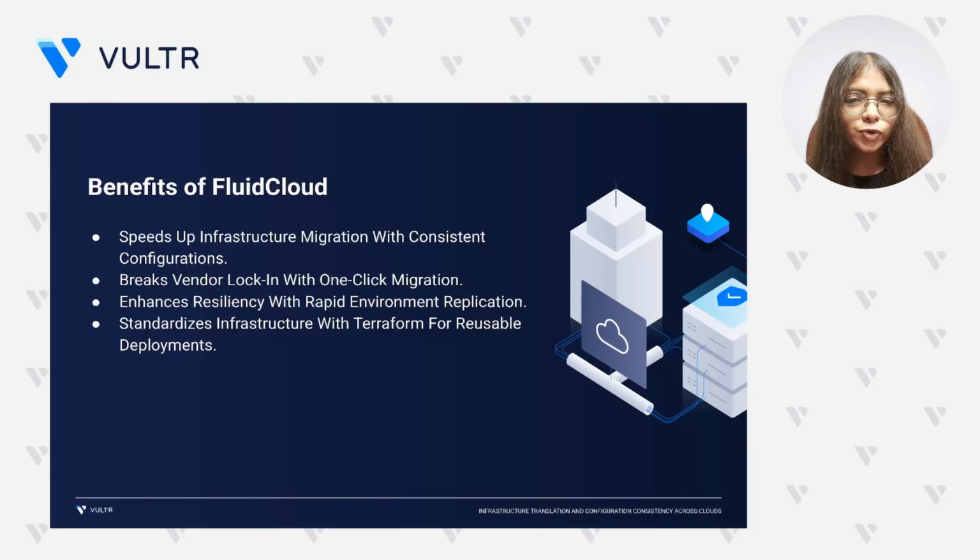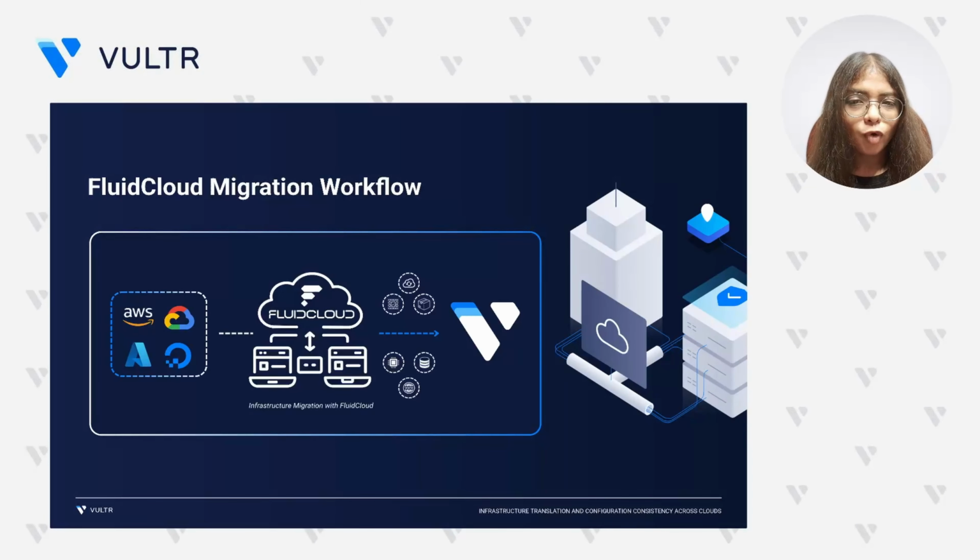The platform also enhances resiliency by recreating complete environments, including networking and security configurations, to support failover and backup use cases. Finally, FluidCloud standardizes infrastructure using Terraform, producing reusable and version controlled templates, ensuring that deployments remain consistent and repeatable across environments. Let's now walk through how FluidCloud manages the infrastructure migration.